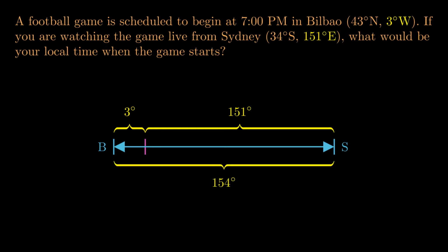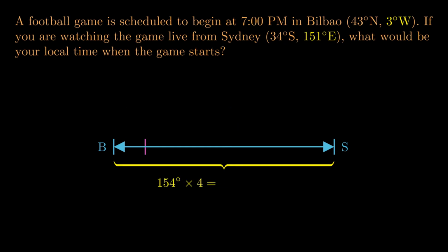And to turn this into a time difference, we had before that each of these degrees is worth 4 minutes, so we need to multiply this number by 4, and we get 616 minutes. It'd be easiest to turn this back into hours and minutes, so 600 minutes is of course 10 hours, and then we have the extra 16 minutes as well.